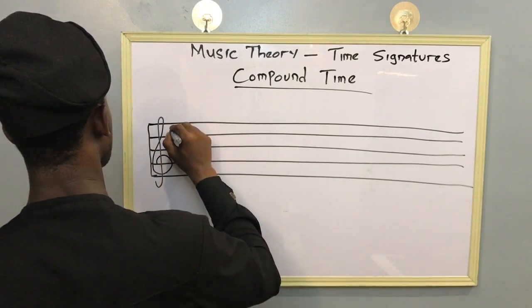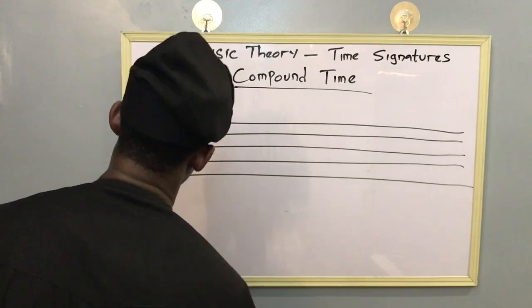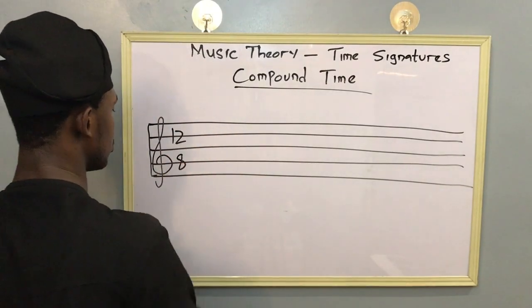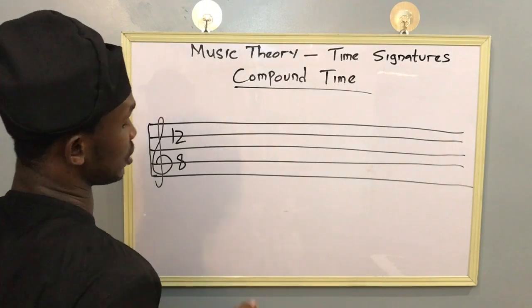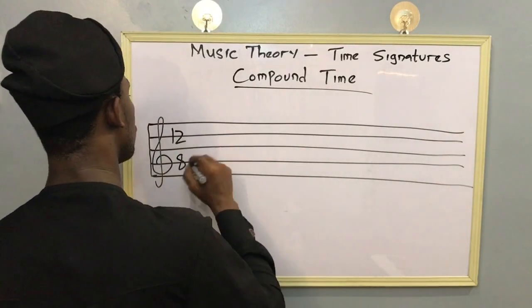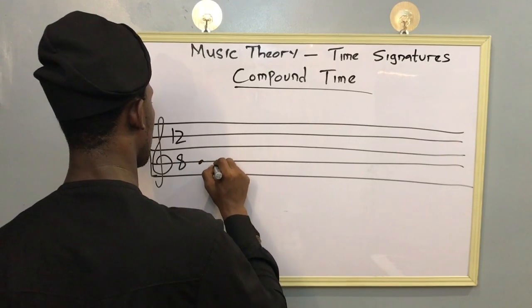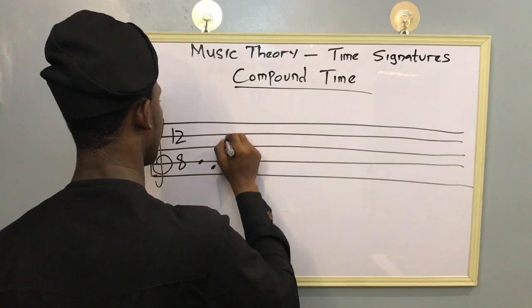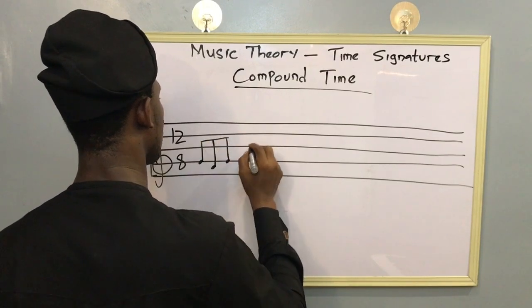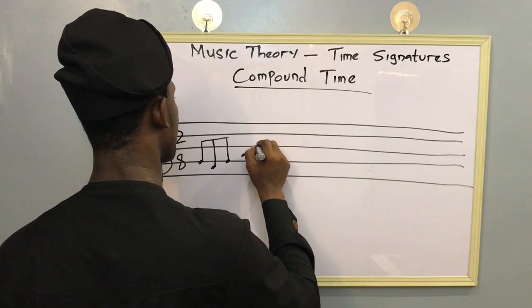So let's say we are dealing with 12/8. So 12/8 means 12 quaver beats or 12 eighth notes in a bar. Okay, and so let's just have 1 2 3. Okay, we do that. So don't forget the grouping.